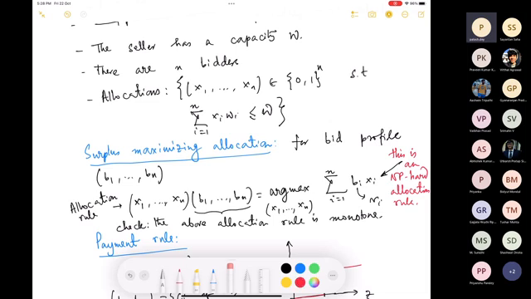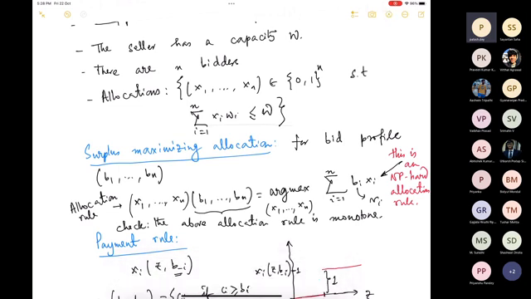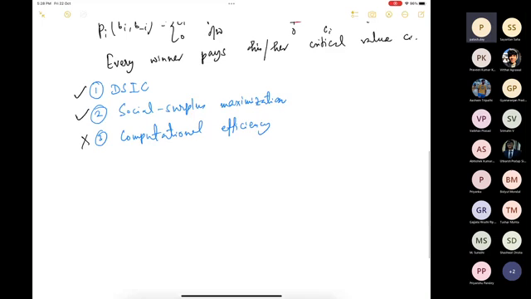We do not know how to solve it efficiently. So this breaks the third property, computational tractability.